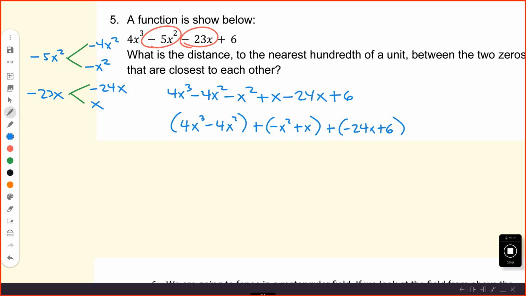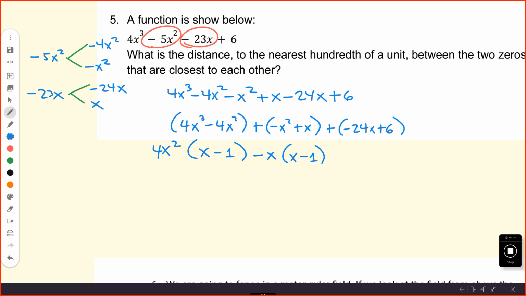The common factor of the first group is 4x squared, so I can do x minus 1. And then this one, I can take out the negative x, and this would be x minus 1. That's why I try to break the term into pieces.